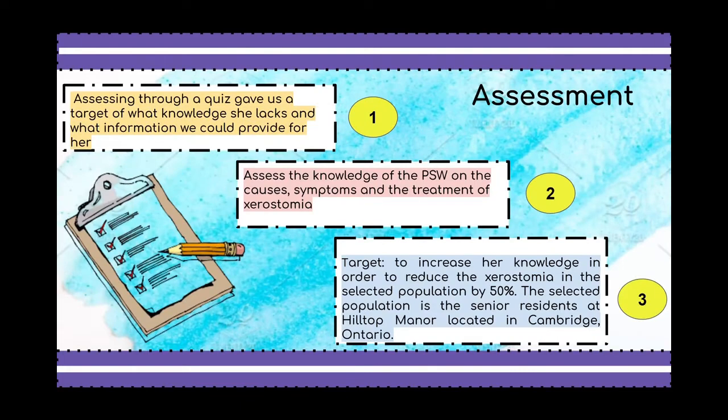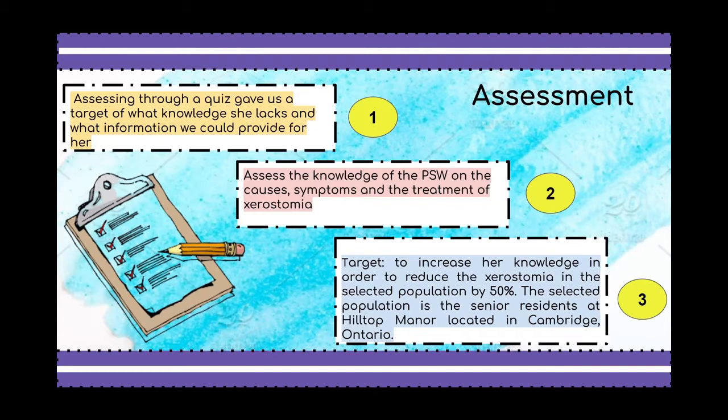Now, I will be speaking to you about the first stage of the ADPIE process, which is the assessment stage. First, we're going to assess her through a quiz. We want to know the knowledge that she lacks and the information that we can provide to her.